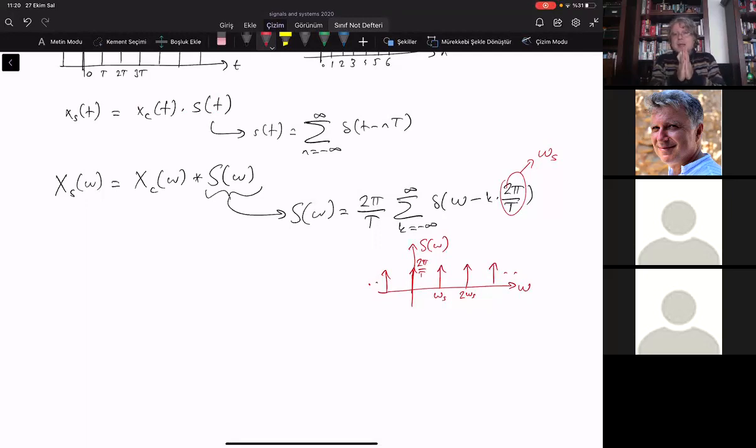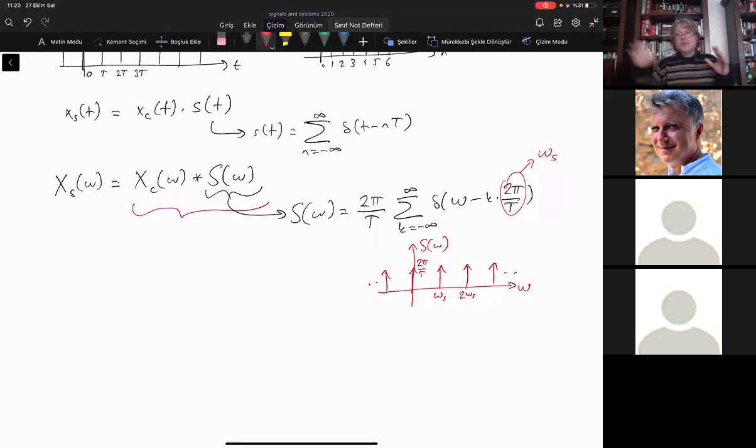Because when you convolve with a single impulse, you come up with the same frequency. This is a convolution. And if the right-hand side is a single impulse, it will give you x sub c. Otherwise, it will give you not only x sub c, but its replicas. They will be repeated by a period of omega s.